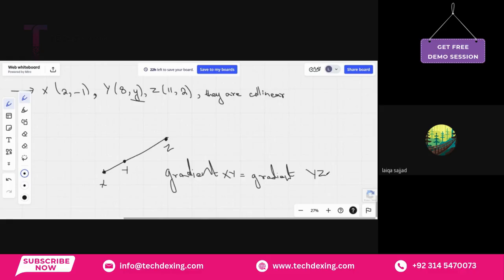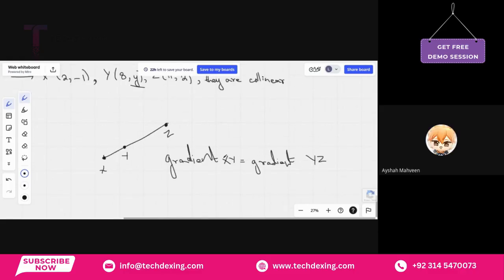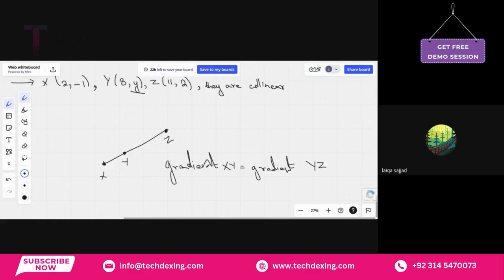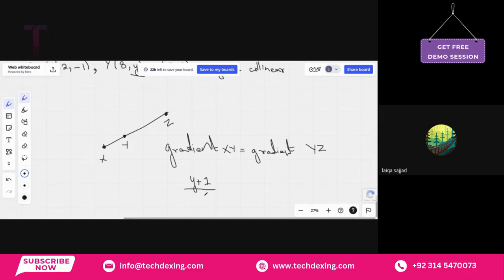Now how will we calculate the gradients? How will we calculate the gradient of xy? If we look at this one, we know that it is y2 minus y1, so the gradient of xy will be y plus 1 divided by 8 minus 2, which gives you 6.